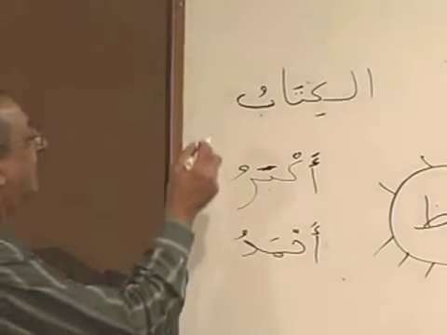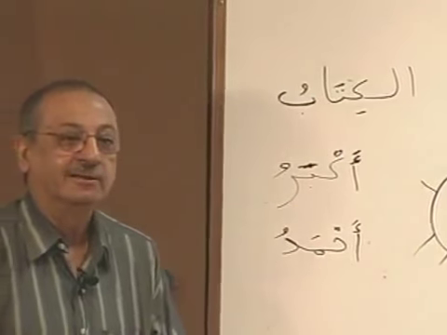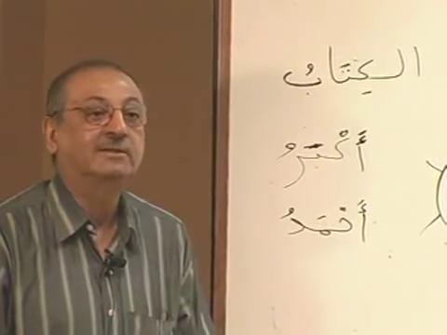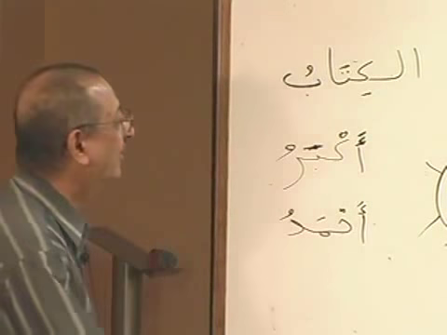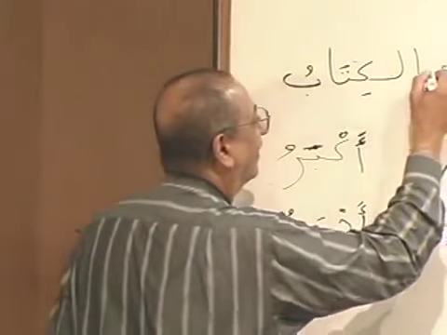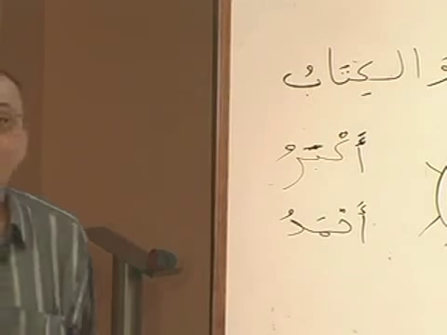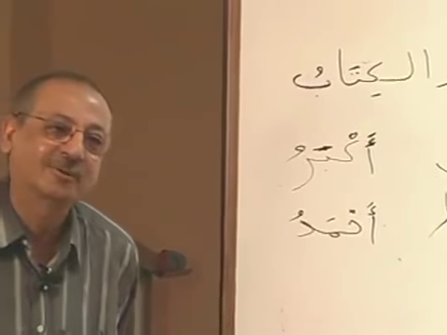If I say Al-Kitabu and then write down Jadidun, the sentence begins with Al-Kitabu. But suppose I were to add a waw here. Now what will happen? Why did you not pronounce the Hamza, brother?